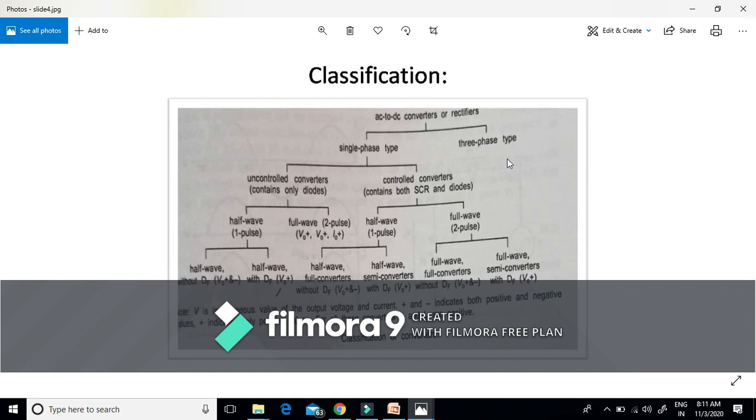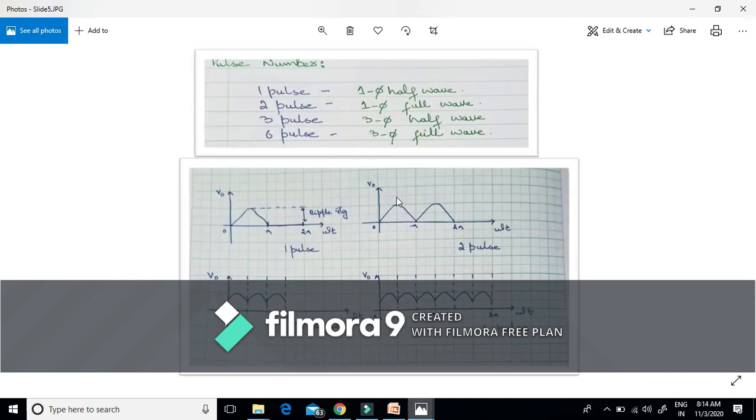The difference is, in case of three phase, for half wave we are getting three pulses per cycle, and for full wave we are getting six pulse waveforms. If we explain the classification on the basis of pulse number, we have one pulse, two pulse, three pulse, or six pulse rectifiers.